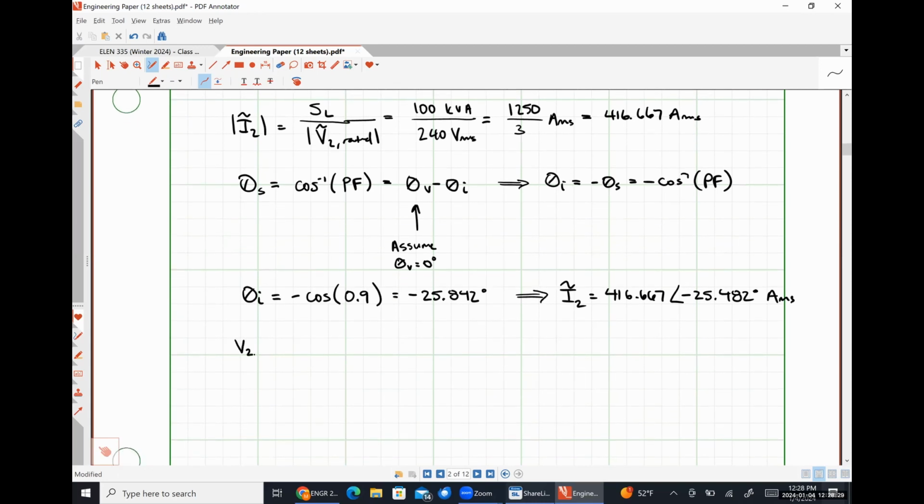Therefore, V2 under no load is V2 rated plus I2 times REQ plus j XEQ.